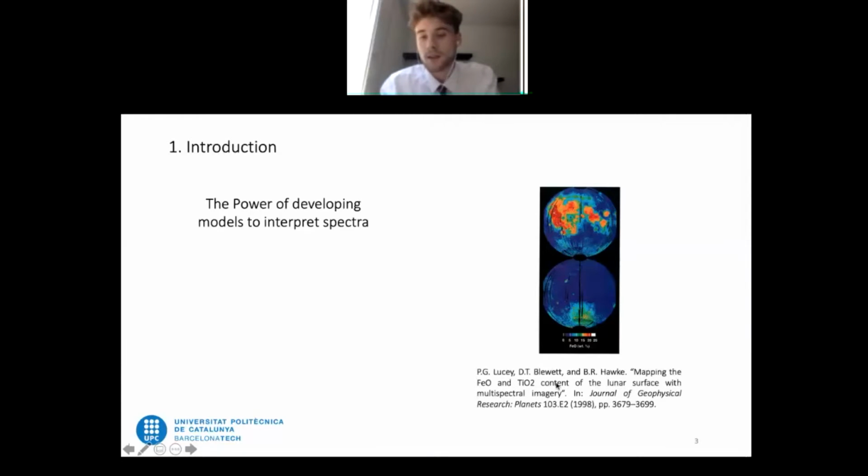However, this was developed in 1998, and iron oxide is a substance which is unaffected by space weathering. So therefore, we need to look at a model which takes into account space weathering. For example, Hapke's radiative transfer model does this. This model was developed by Hapke in 2001, and since then has been progressively improved throughout the years, up until today as well.